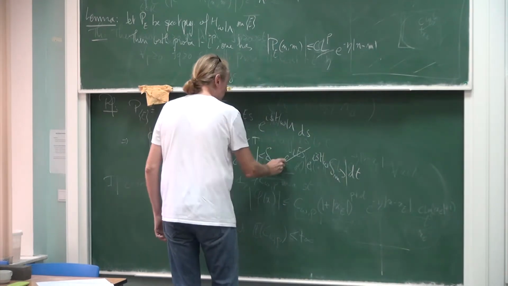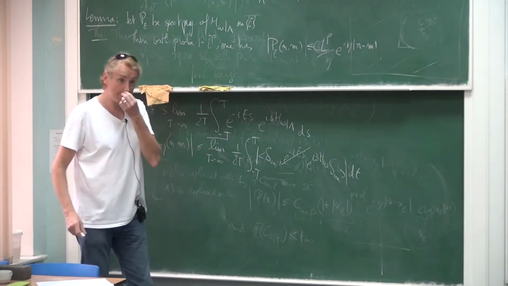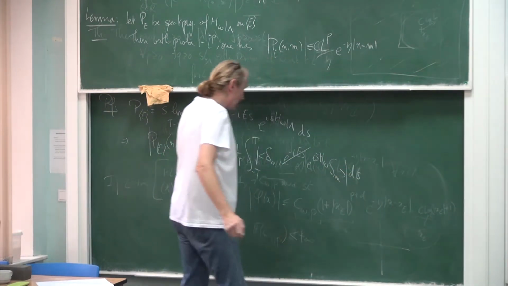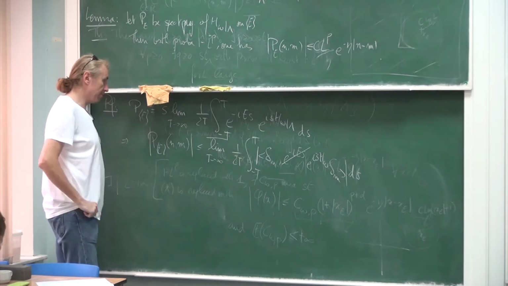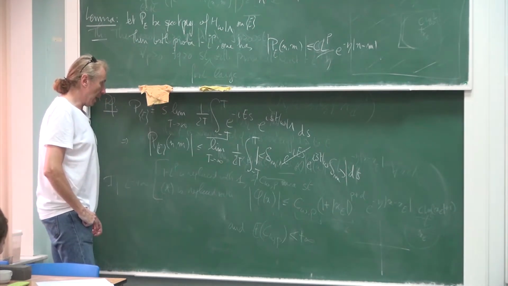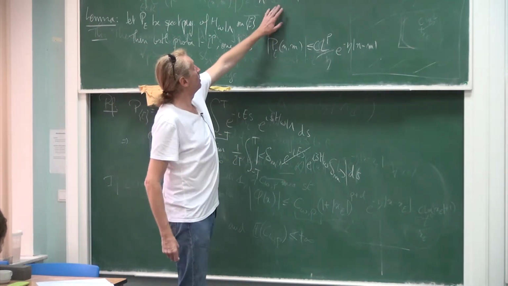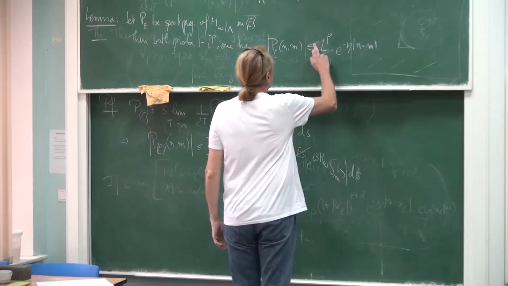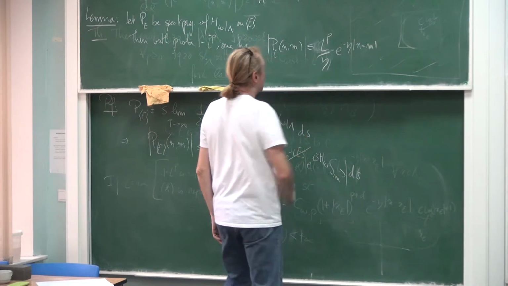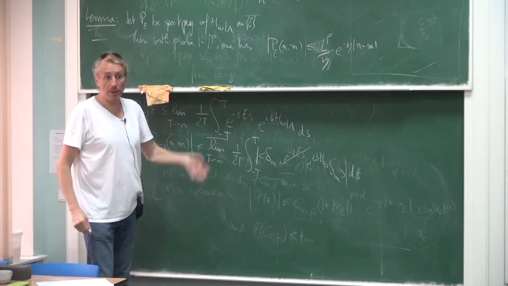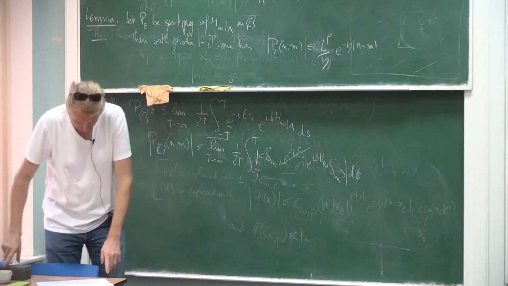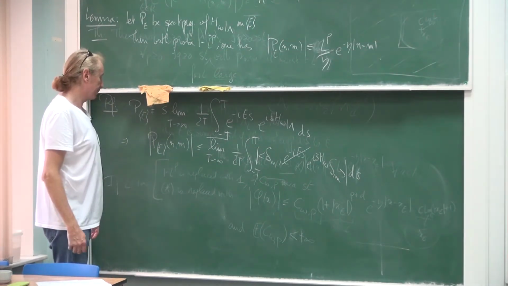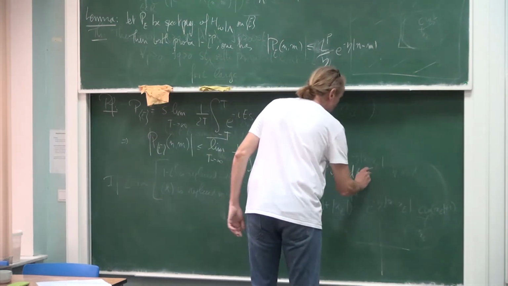But of course, this goes away, it's a complex number of norm 1. And here we can just plug in our estimate. So we get the same estimate as before; the constant does not get changed.